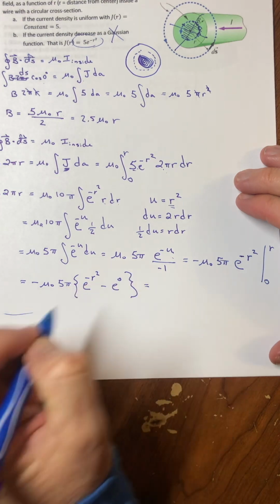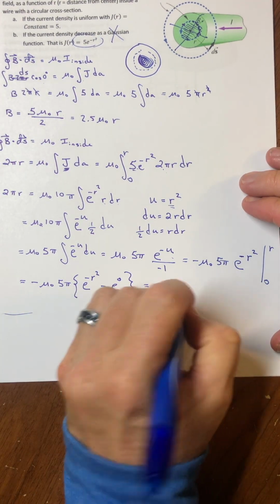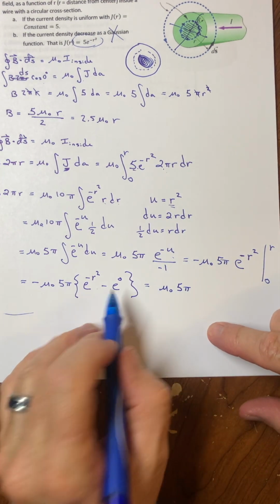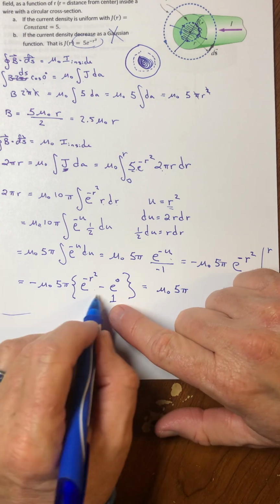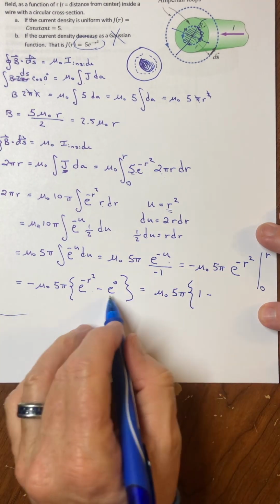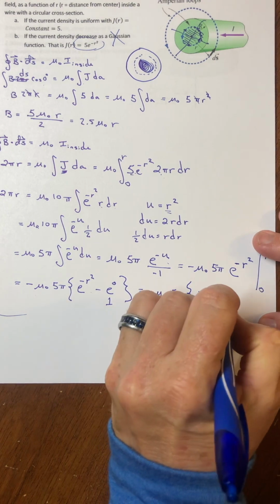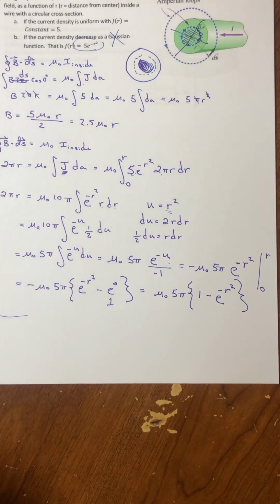And then if you'll let me take this, this would be a 1, but incorporate that negative so that this becomes a 1 minus e to the minus r squared. Nice.